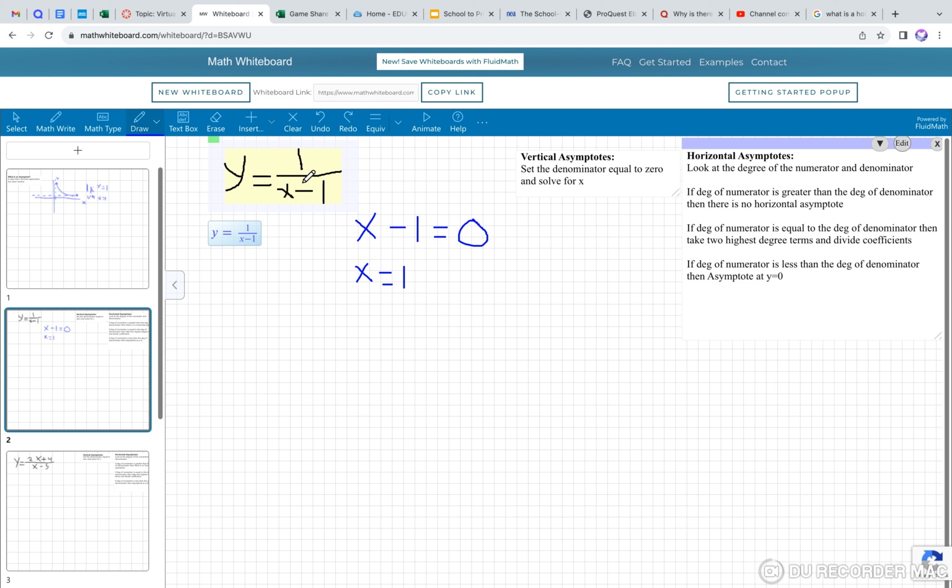So the degree up top is 0, the degree on the bottom is 1. The degree of the numerator is less than the degree of the denominator, and if that is the case, then there's an asymptote at y equals 0. So horizontal asymptote at y equals 0.